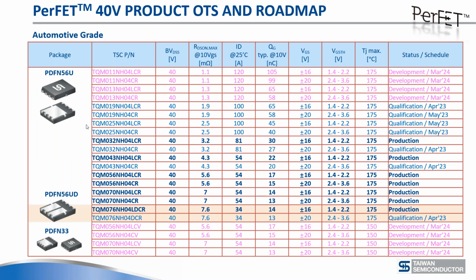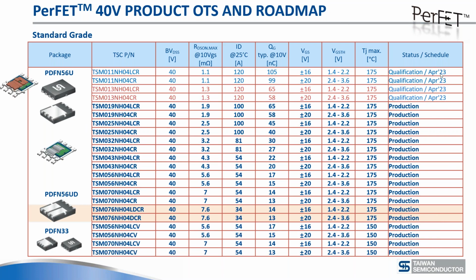So now we are here. Follow our component engineering newsletter and our website and what your salespeople are saying. We are now introducing MOSFETs on a nearly weekly basis. What you see here is that the copper clips for the non-automotive are coming out in April 23. So that's next month.